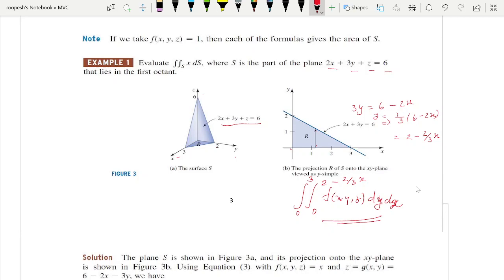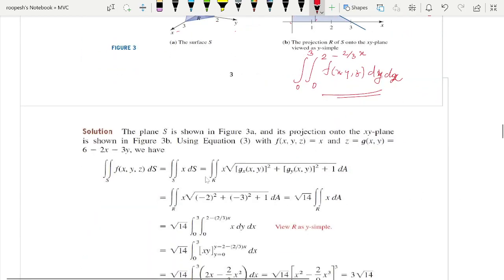Let us see. We want to find the double integral over S of f of x, y, z dS, and that's equal to the double integral over S of x dS. The function is x. So x into dS can be written as x times square root of g_x(x,y) squared plus g_y(x,y) squared plus 1 into dA, where dA is dx dy, right?